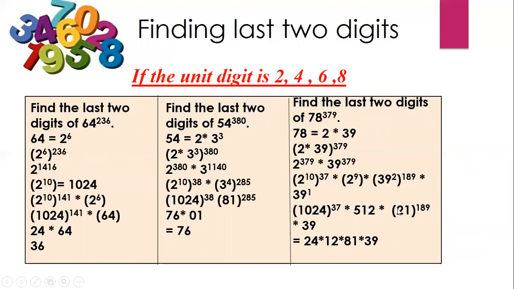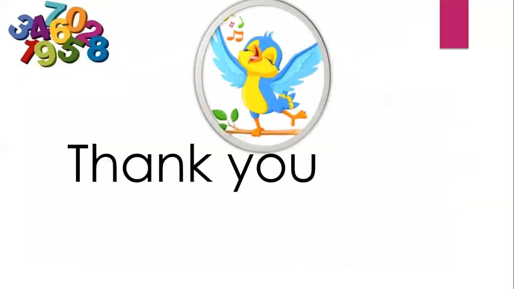To find the tens digit, 2 into 9, 18. So 8 will be our tens digit, into 39. After this, there is no other way. We need to multiply all four, stopping with the last two digits alone and then multiplying on. So we'll be able to get 92 as our answer. Thank you.